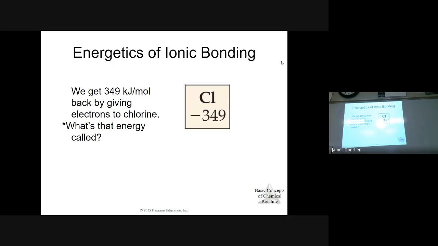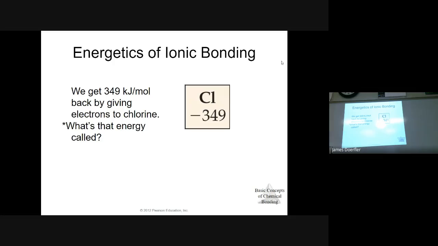Another hint. It rhymes with, I think I say it. Electron affinity. Electron affinity. I knew you'd get it. Yeah. So electron affinity is, again, the energy change associated with atoms when they receive electrons.